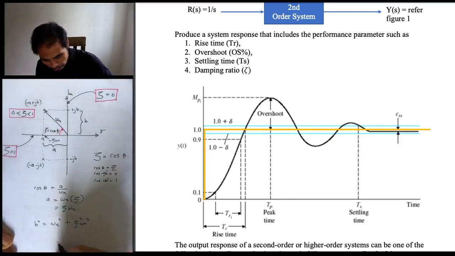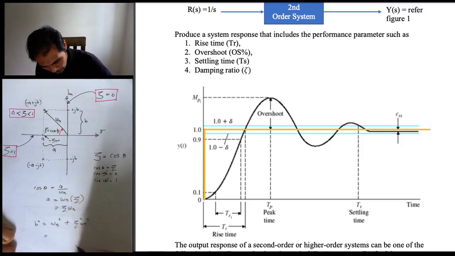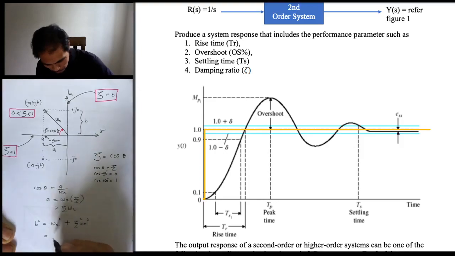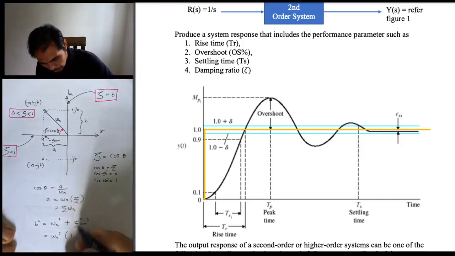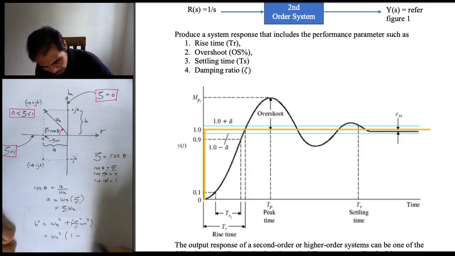Right. And because this is negative, you can put negative zeta there. So omega n squared, 1 minus zeta squared, right?